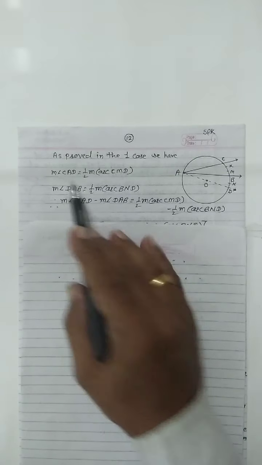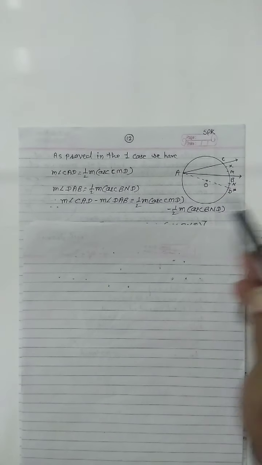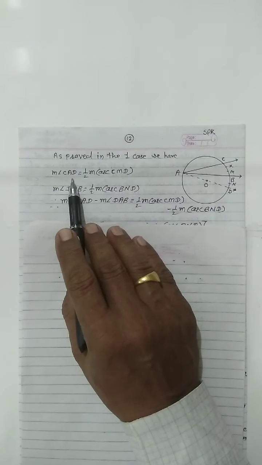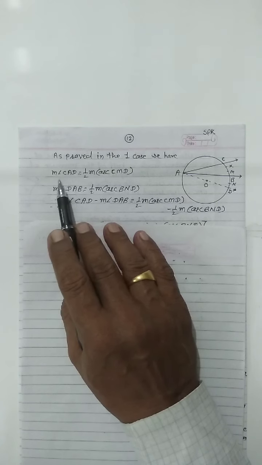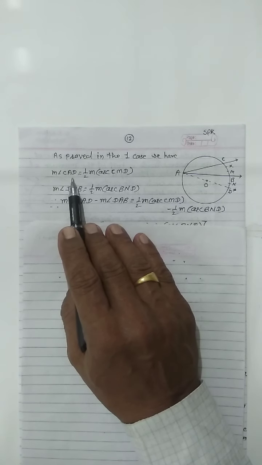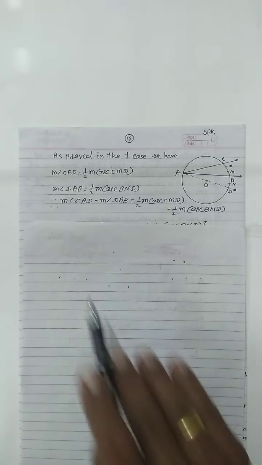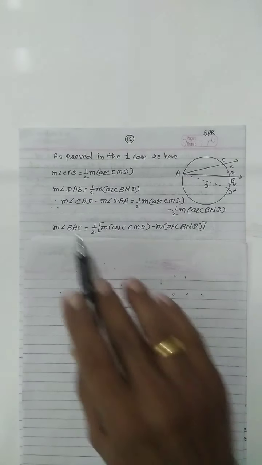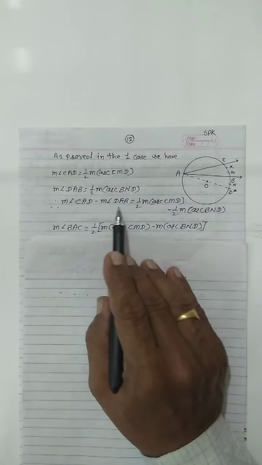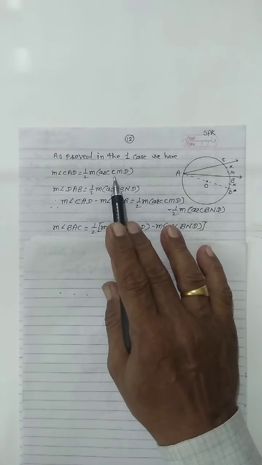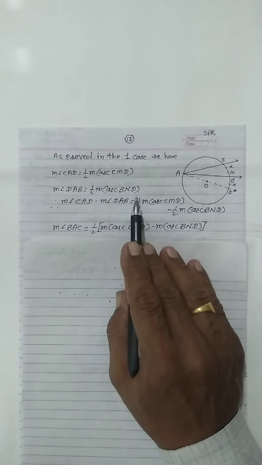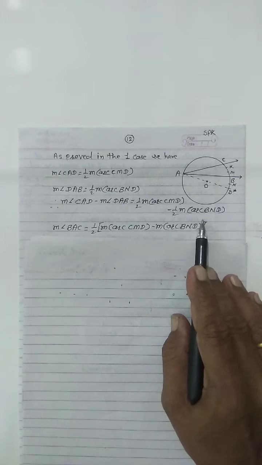Now if we subtract this equation from this equation, that is, measure of angle CAD minus measure of angle DAB equals 1/2 measure of arc CMD minus 1/2 measure of arc BND.